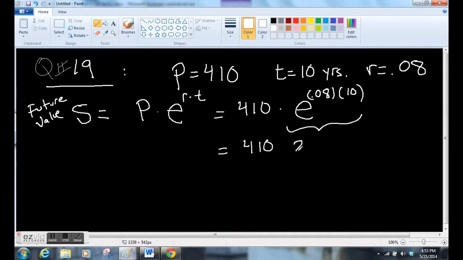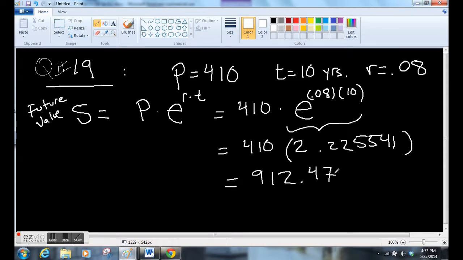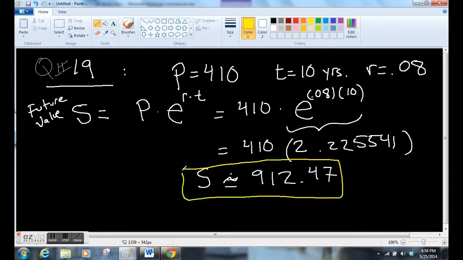That'll give you something like 2.22541, approximately. So all that equals $912.47. I put a little dot there, meaning it's about that. So the future value is approximately $912. Remember, you started with 410, you waited 10 years, and you got 912 out.